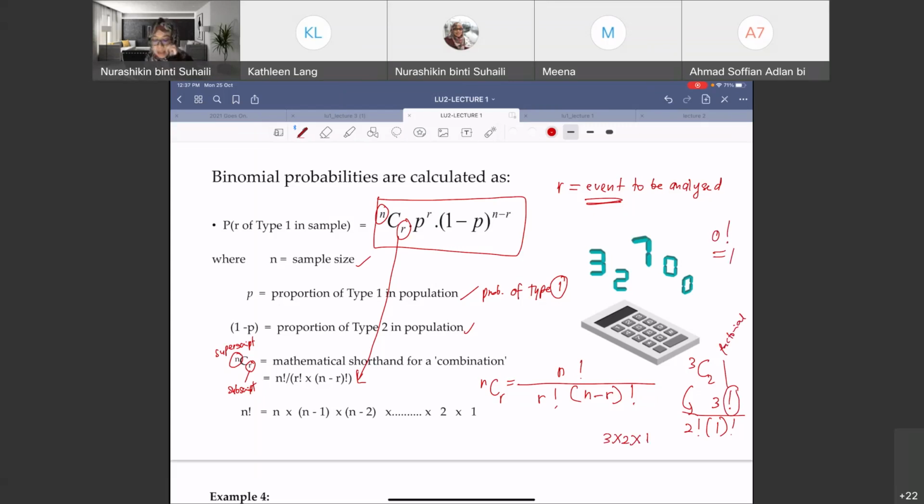It's the multiplication until 1. 2 factorial is 2 times 1. 5 factorial is 5 times 4 times 3 times 2 times 1. So that's what factorial means. So this is the formula of the binomial distribution, binomial probabilities.